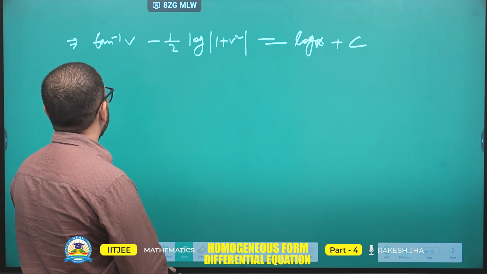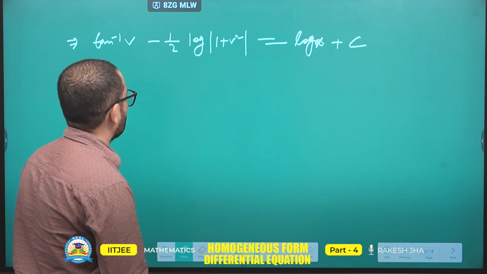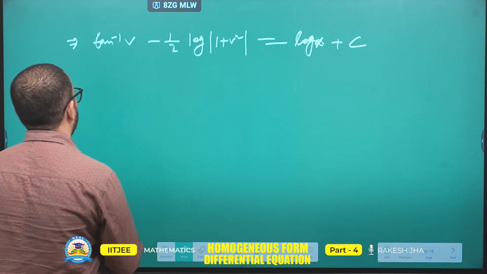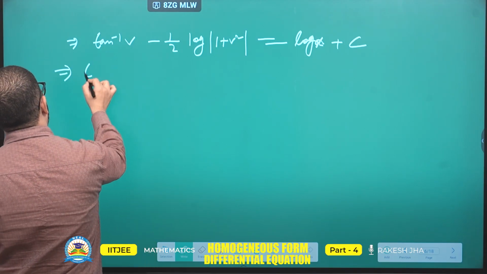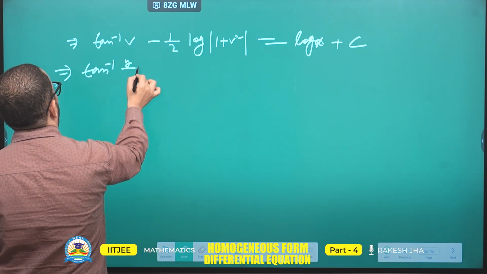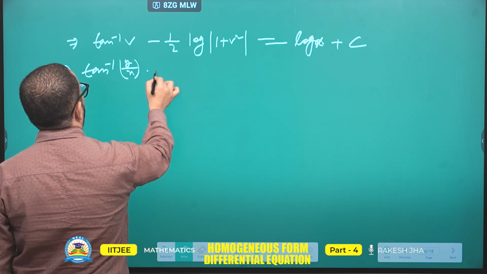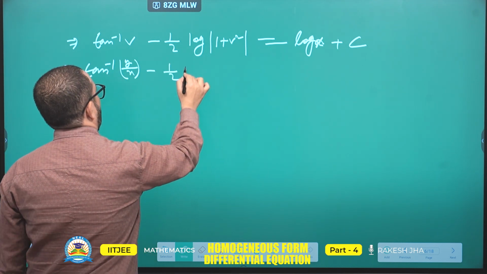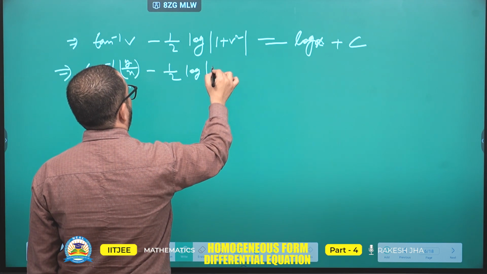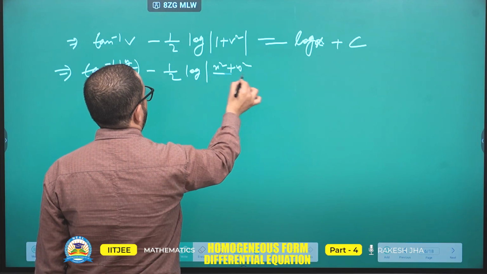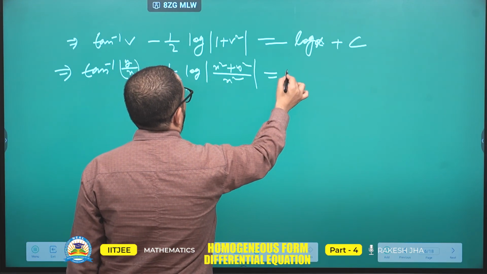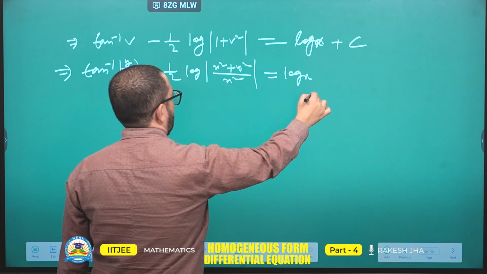Now we have to see one thing here: what is the value of v? We are going to return the value of v. So it would be tan inverse y upon x minus half log x square plus y square upon x square is equal to log x plus c.